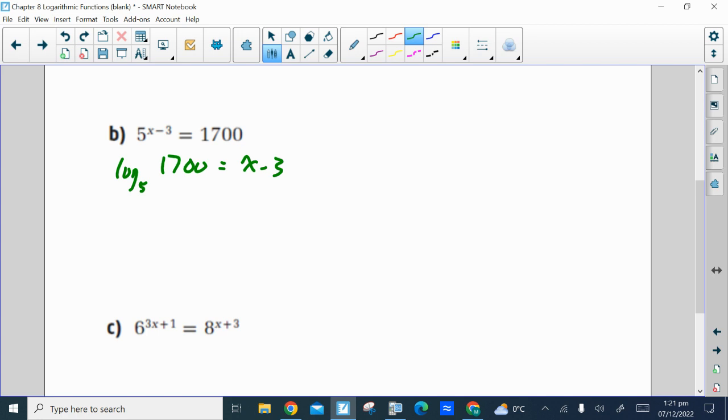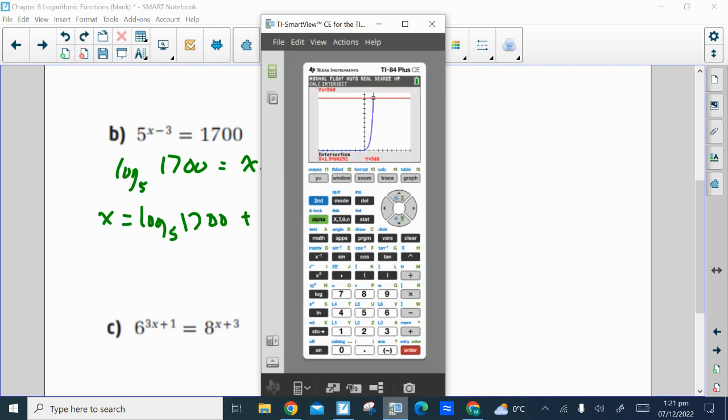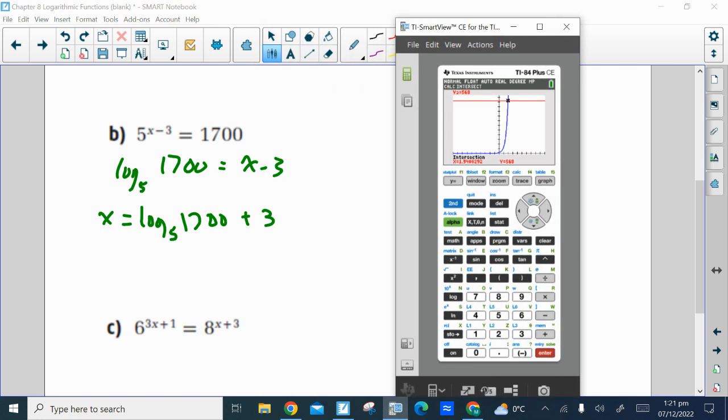And we can get x by itself by adding 3 to both sides. And then use our calculator, right?